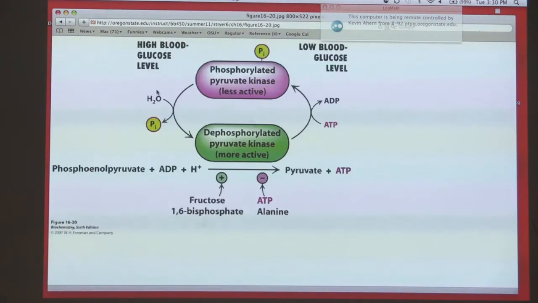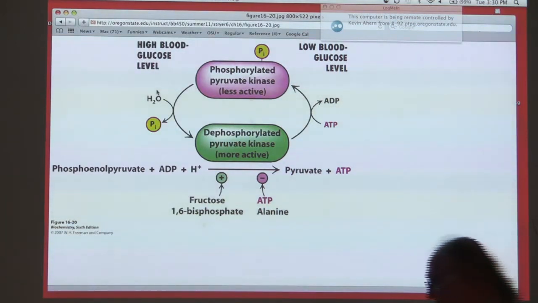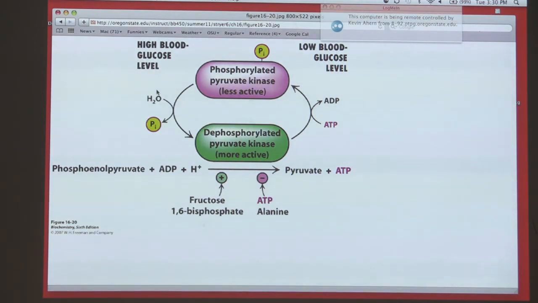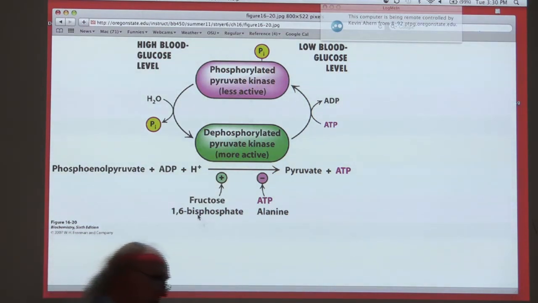All right. Well, here is the last enzyme in the pathway. The last enzyme in the pathway is pyruvate kinase, and it is the third regulated enzyme in the pathway. As you can see here, this enzyme can be regulated in a couple of ways. One I already told you about the other day, and that was that fructose 1,6-bisphosphate allosterically activated it.